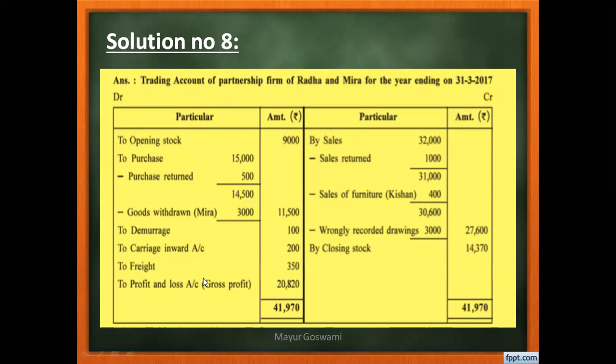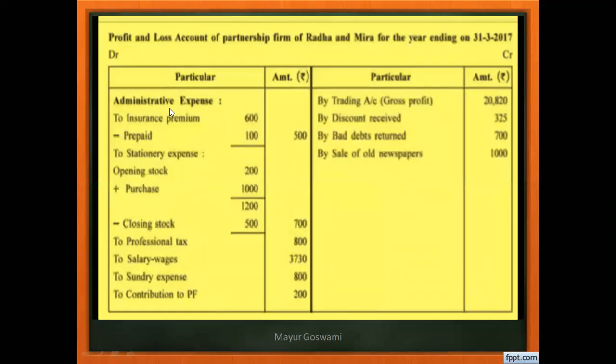Then after we have sundry expense. P&L debit side, write down sundry expense, no adjustment, in the outer column rupees 800. Then provident fund and contribution to provident fund.